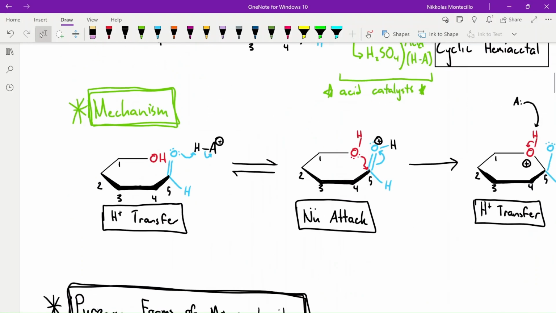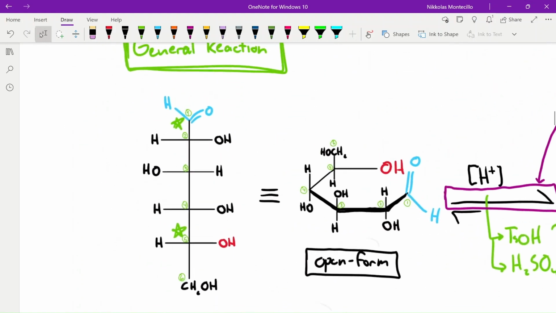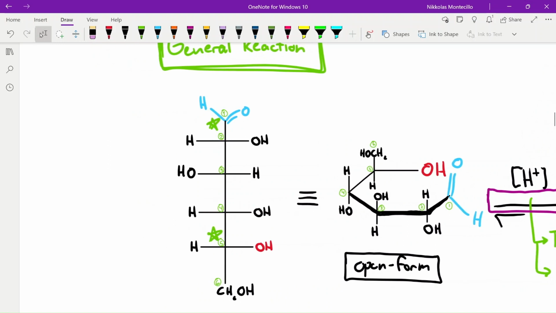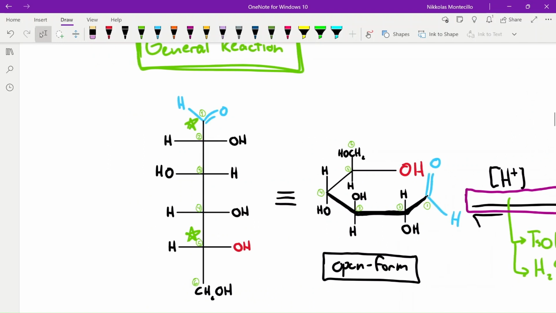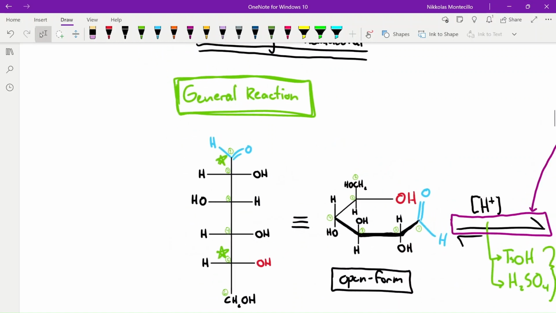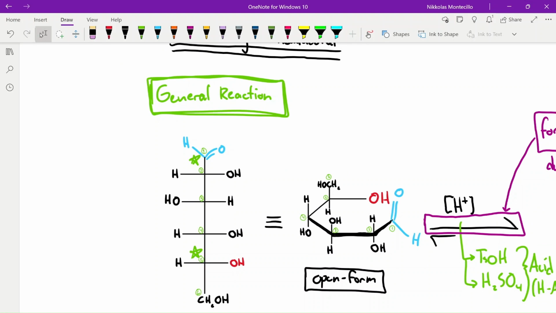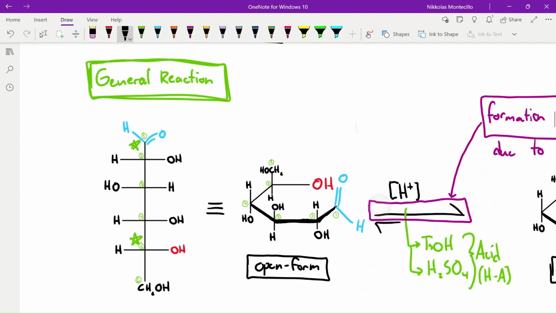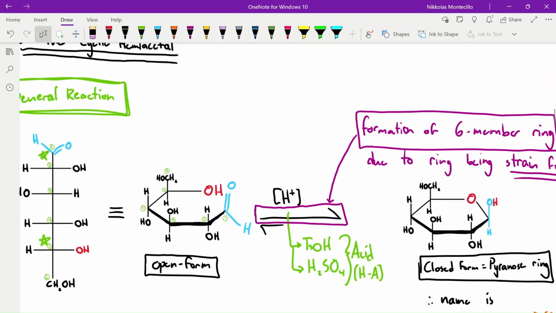That's a part of the same molecule, right? So we can see something similar here. It's just that there are a bunch of alcohols within the same molecule, a polyhydroxylated aldehyde or ketone, right? And we can see here that carbon 5 allows for the formation of the 6-member ring.